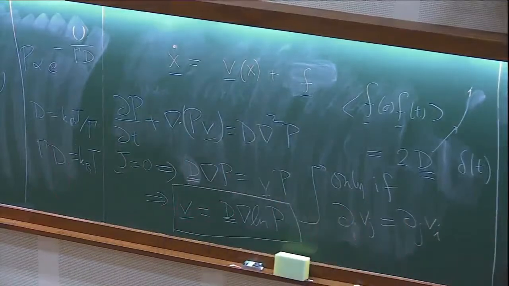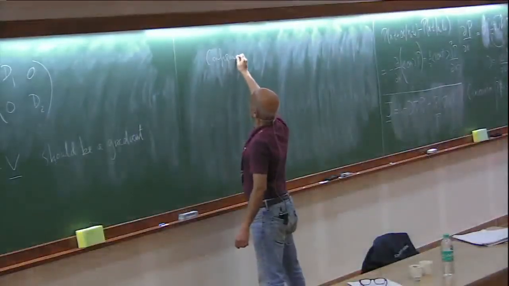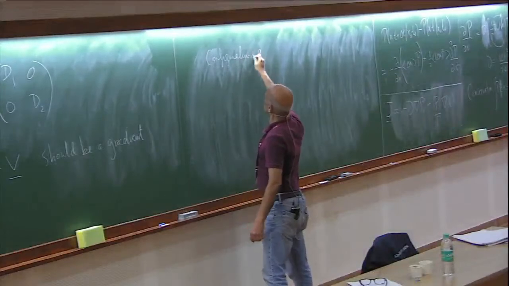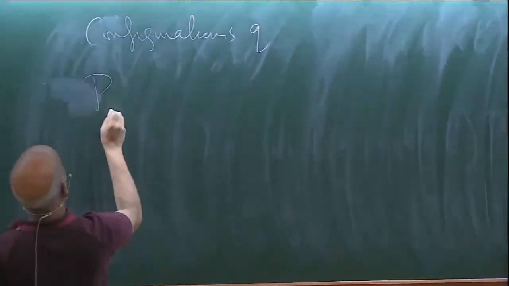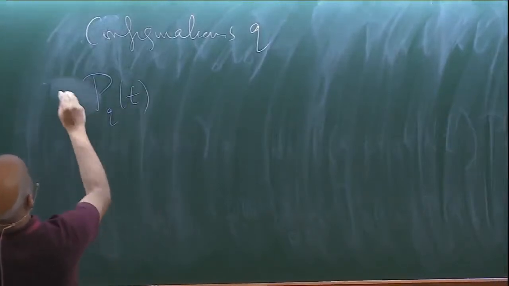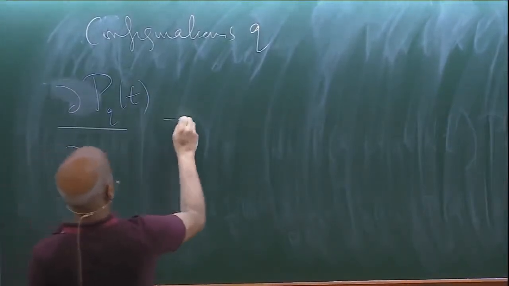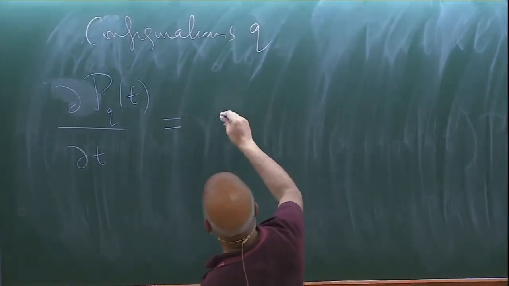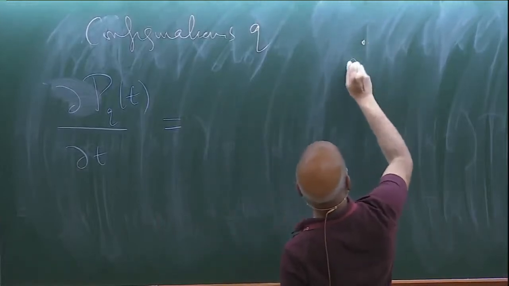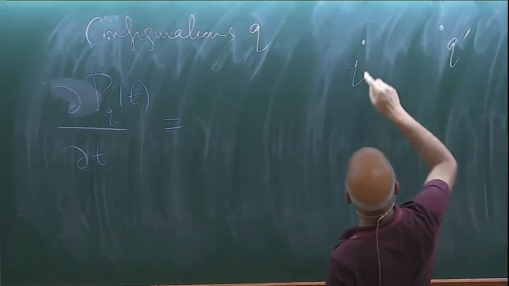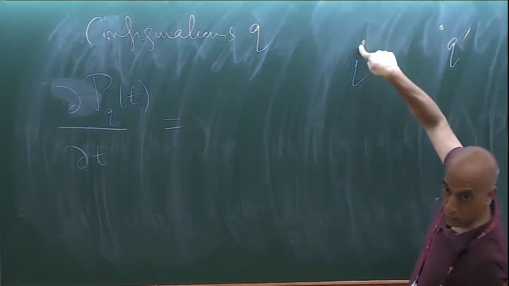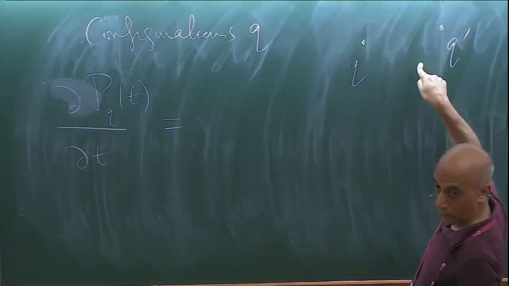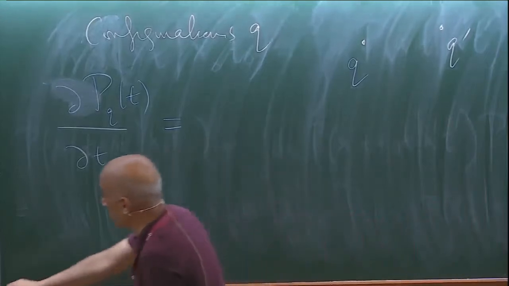So a slightly more general way of looking at stochastic processes is to think of a P. So you have configurations called Q, and you have a probability as a function of Q and T, and you could say that any general first order process can be thought of as you are at some point Q, you're going to go to some point Q prime. So if you're at Q, you came from some other point Q prime, and if you are now at Q, you might go to some other point, right? So you could say that in general.